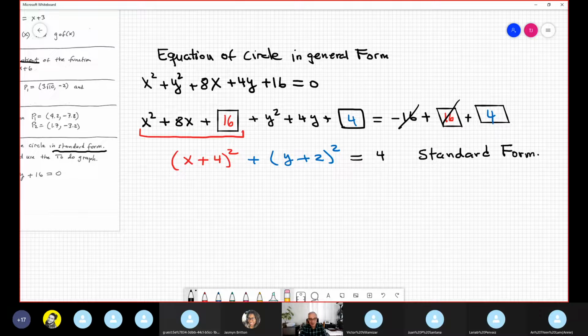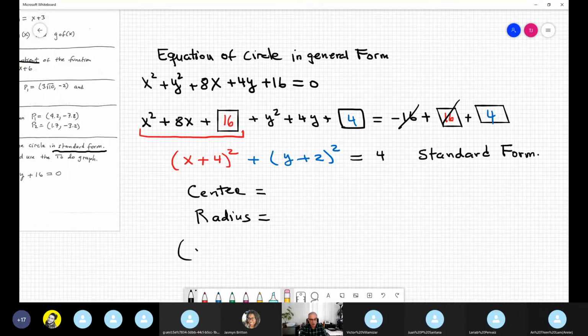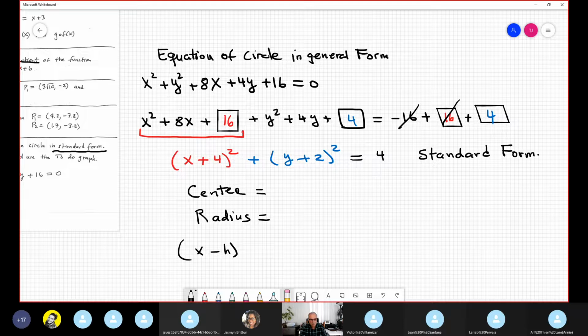In standard form, you see clearly the center and radius. Be careful with the center and radius because the center is h comma k. Let me compare. This is x minus h squared plus y minus k squared equal r squared.